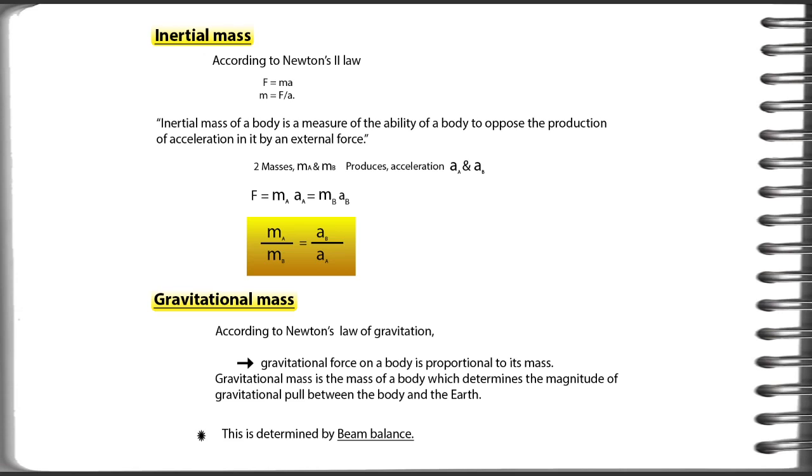Next, gravitational mass. According to Newton's law of gravitation, the gravitational force on a body is proportional to its mass. Gravitational mass is the mass of a body which determines the magnitude of gravitational pull between the body and the earth. This is determined by beam balance.